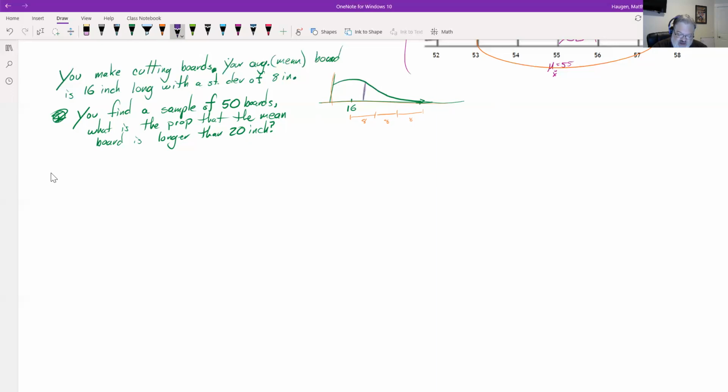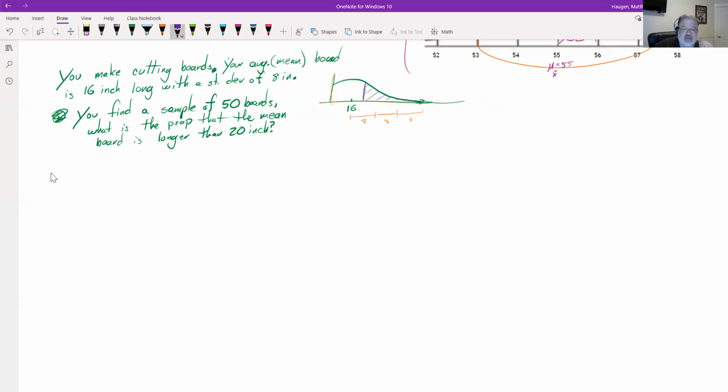That's a half standard deviation above the mean. So how many of our cutting boards are going to be 20 inches or longer? Quite a few of them. So what's the probability that an individual cutting board is larger than 20 inches? Pretty high.